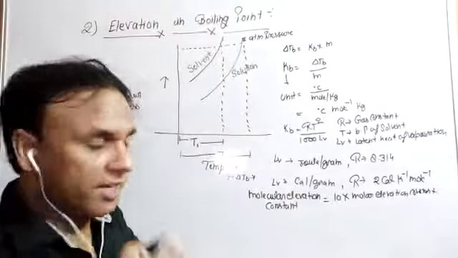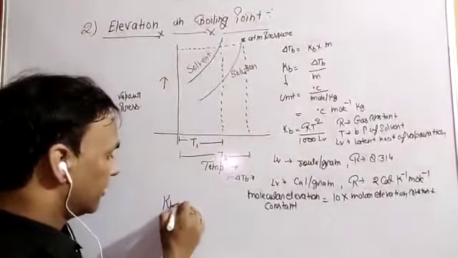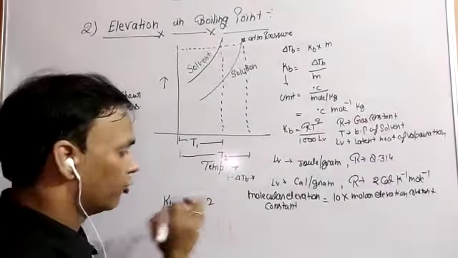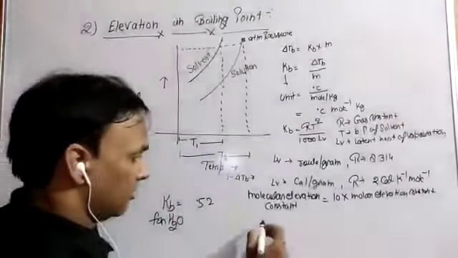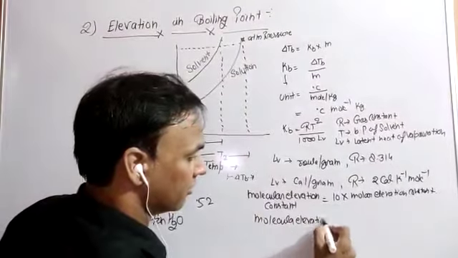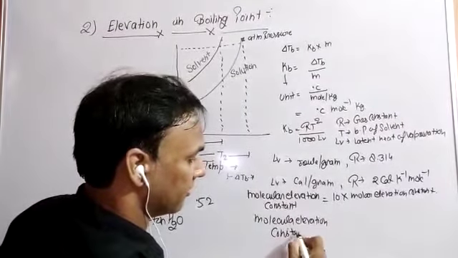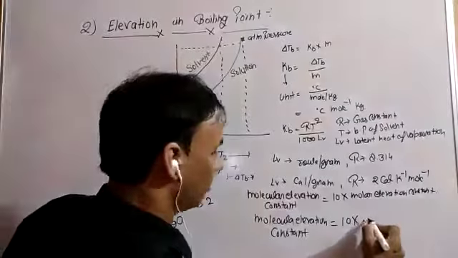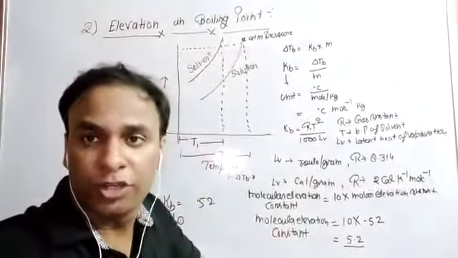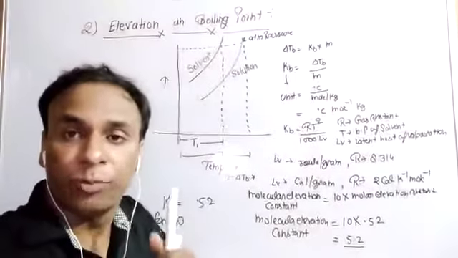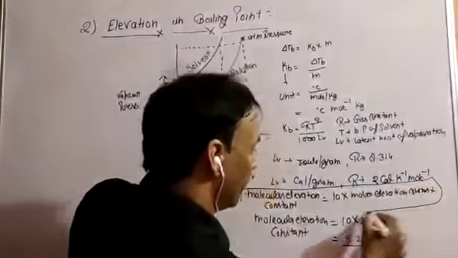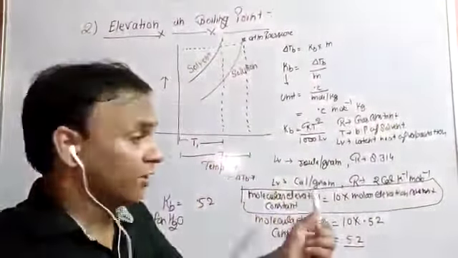For example, suppose the molal elevation constant Kb for water is 0.52, then the molecular elevation constant is equal to 10 into 0.52, that is 5.2. 5.2 is the molecular elevation constant, while the molal elevation constant is 0.52. Clear? This relationship is also very important to understand the colligative property.